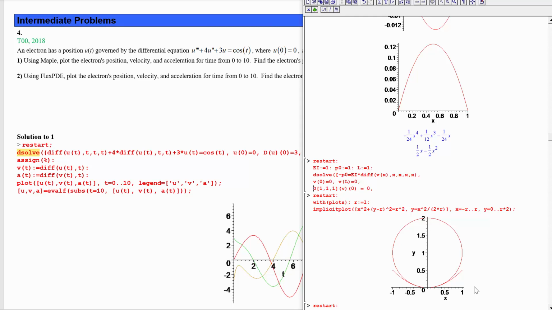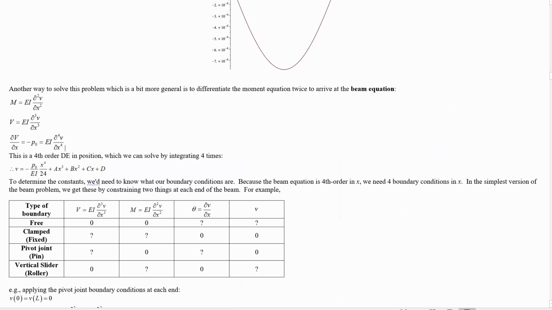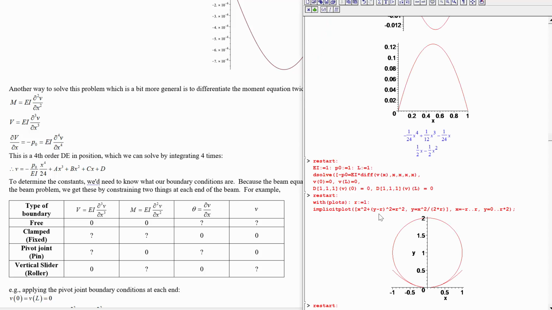And the third derivative of v evaluated at L is also 0. This comes from the need to have no bending moment at either end of the pin joints. So the bending moment tells you something about, oh, not third derivative, the second derivative of this function. Yeah. Second derivative of v has to be 0.